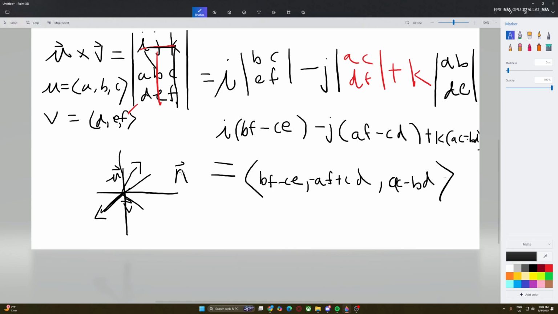Also, the magnitude of n is equal to the area of the parallelogram created when you make a parallelogram with the two vectors. So this is another equation for the area of a parallelogram, if you want to know that.